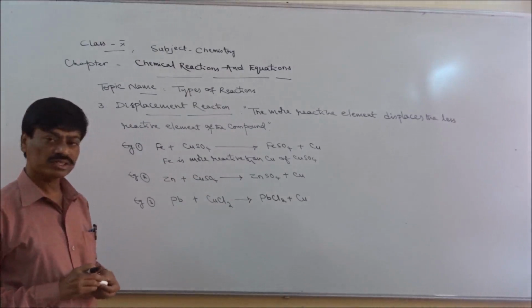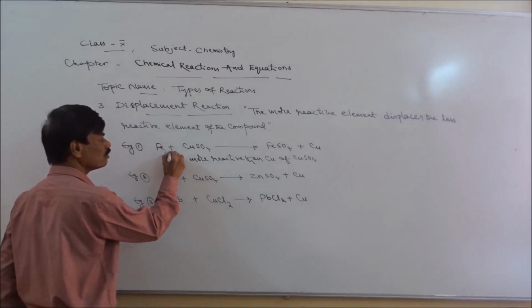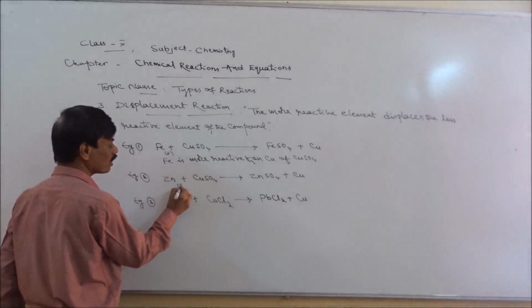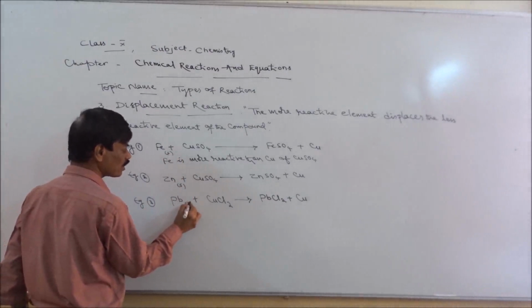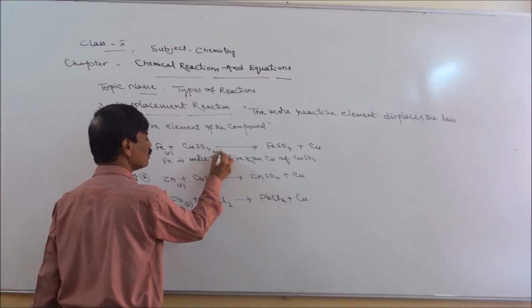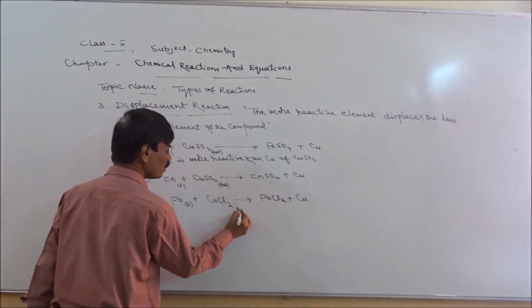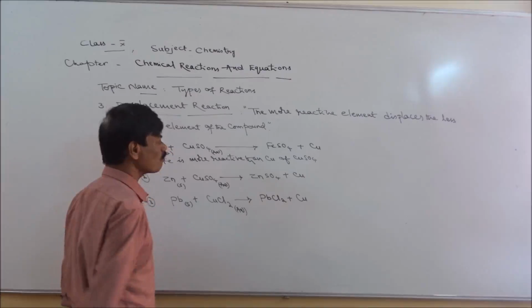If we want to write their physical states, it is not compulsory, but if I want, we can write. These elements are metals, so they are solid in state. Copper sulfate here is in aqueous form. So also copper chloride in aqueous form.